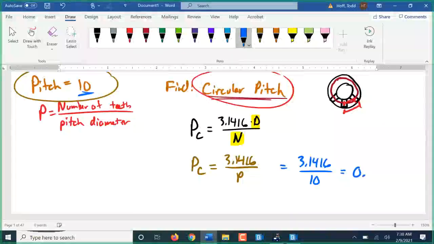So the circular pitch here is 0.31416. That should be in inches, by the way. Pitch would be given as teeth per inch. So when you divide that out, it should give you inches.